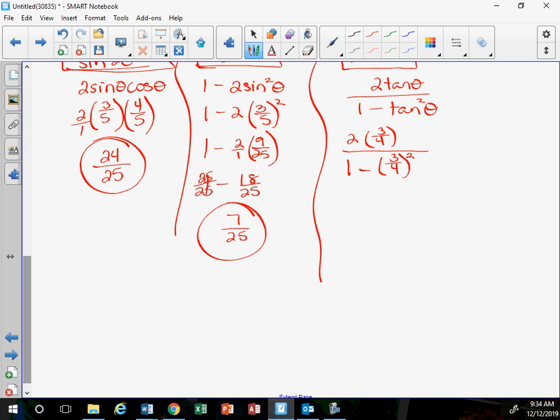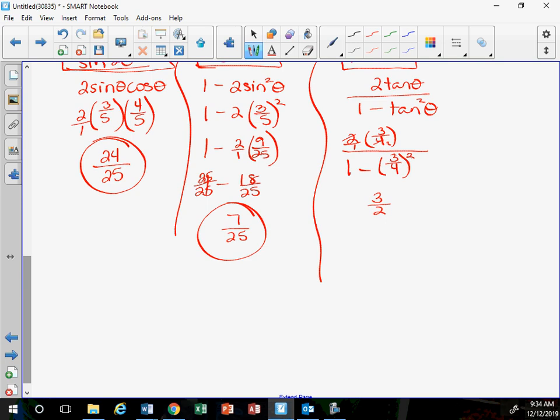Okay, so simplifying. Yes, I could multiply in the numerator, but could I just go ahead and simplify it before I try to multiply? 2 over 1, I can reduce that. So are we okay with just 3/2 in the numerator? This is really 6 over 4, which is 3 over 2.